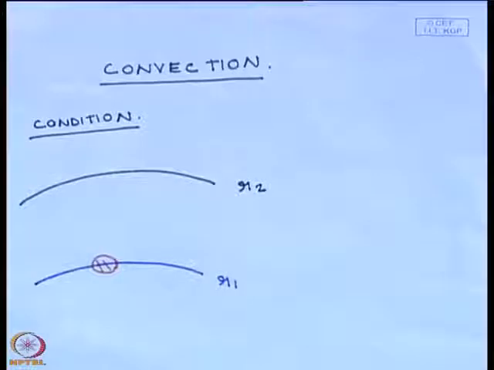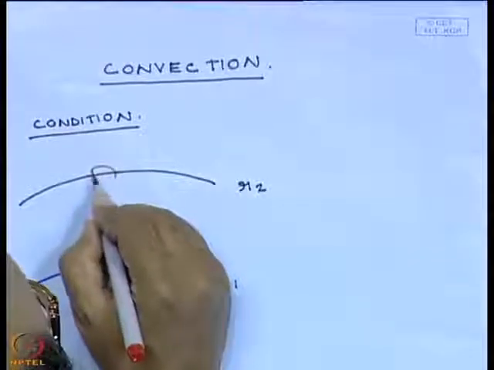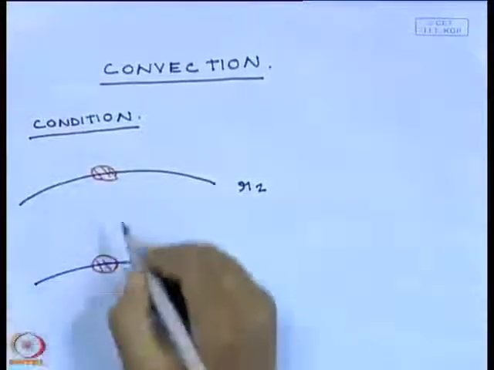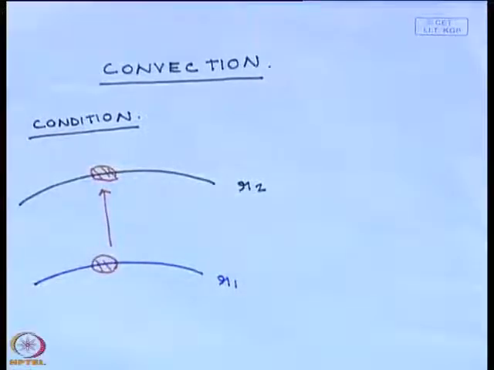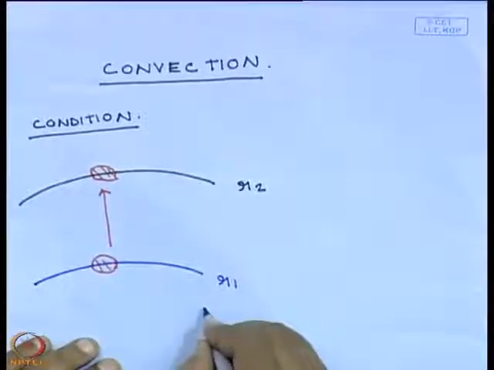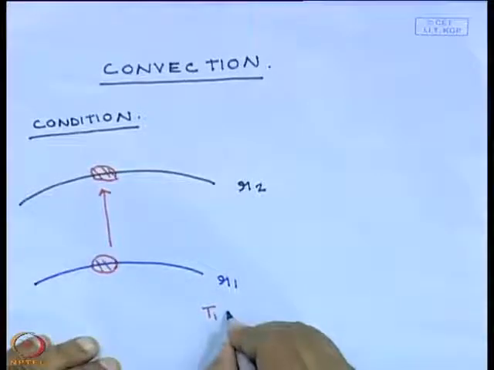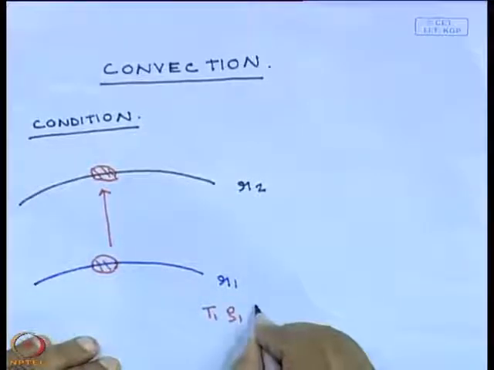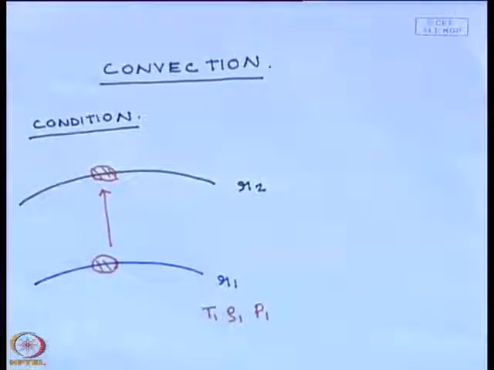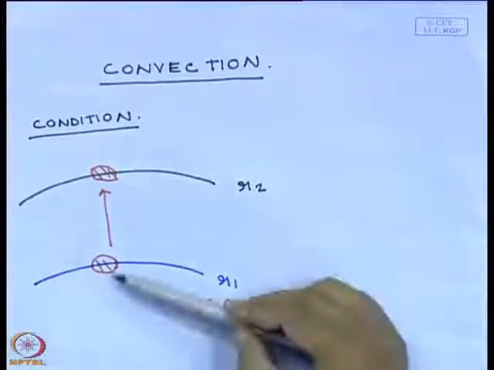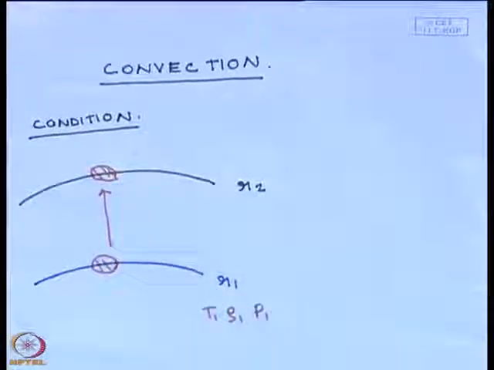There will be random disturbances inside, and this bubble is shifted over here. The temperature at the original point is T1, the density is rho 1, and the pressure is P1, and the bubble to start with is in equilibrium with the surrounding material. So, it has the same temperature, pressure and density as the surrounding. Now, it gets disturbed to another position which is slightly above.